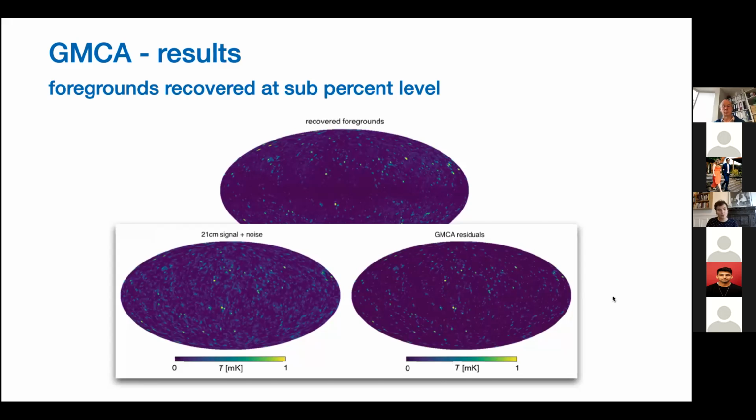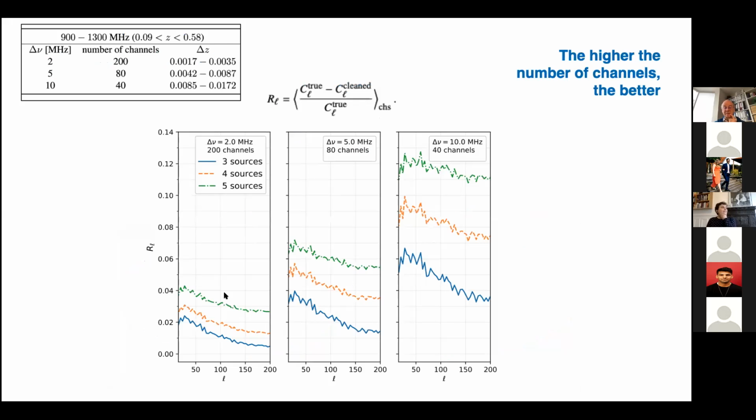Being more quantitative, I'm plotting here in these panels the relative difference of the angular power spectrum of the true minus the clean over the true, averaged over all the channels that I'm using. These three panels represent three different ways of chopping my data cube. Here I'm showing how I do it: the number of channels, and of course the thickness of channels, is changing from left to right.